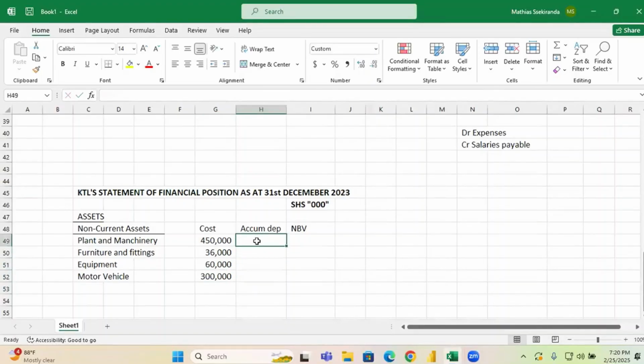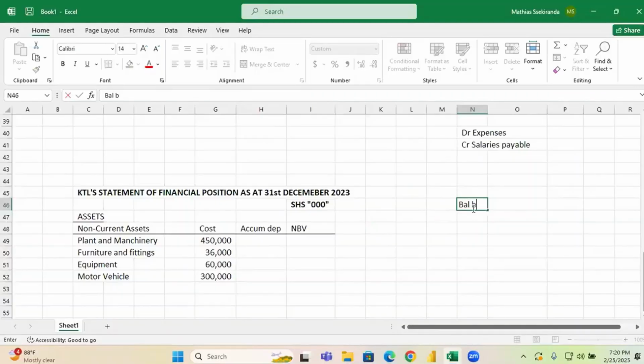So accumulated depreciation, if you remember very well, last time I explained it. When given accumulated depreciation, for us to get accumulated depreciation as at end of this year, we get the balance brought forward of the accumulated depreciation, which is given in the trial balance. This is provision for depreciation.